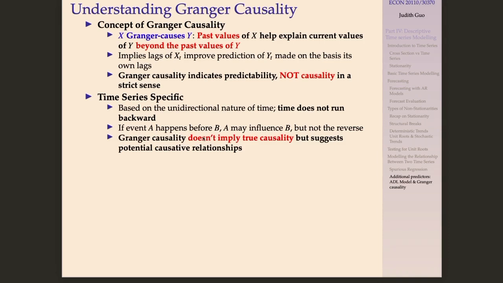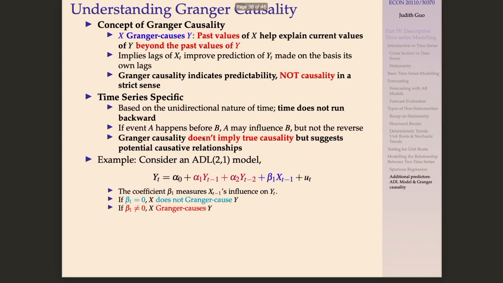If X happens before Y, it could be that X is causing Y. We don't know, okay? But what we can say at best is the past of X helps explain the future Y, okay? That's why it's about predictability. It's about explanatory power, not about the true causation.